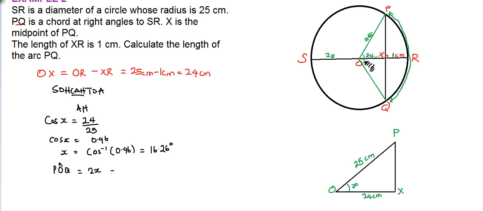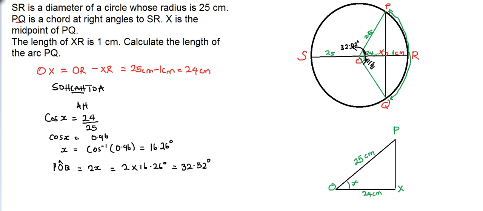And we know what x is, so we'll do 2 times 16.26 degrees, which gives us 32.52 degrees. Okay, so now that we know that this angle here is 32.52 degrees, then we can work out the arc.